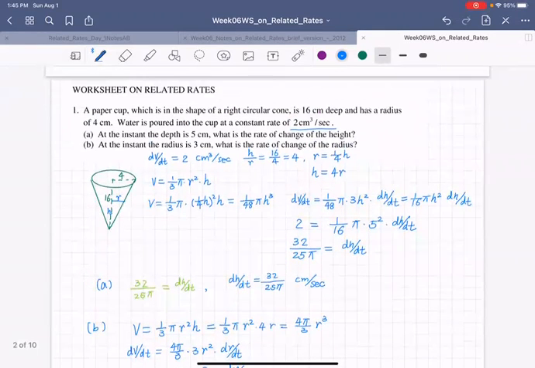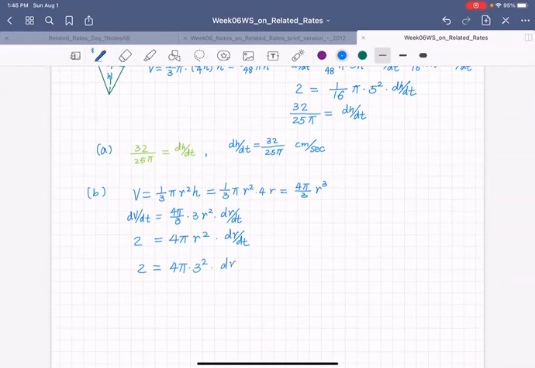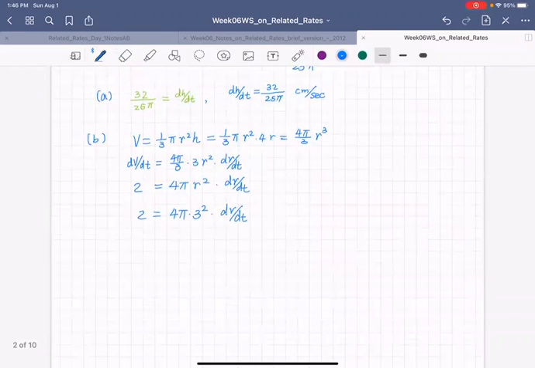How much is the r? 3 centimeters. Let's plug in. r equals to 3. Okay, so dr over dt. This is 2 over 4 pi times 9.